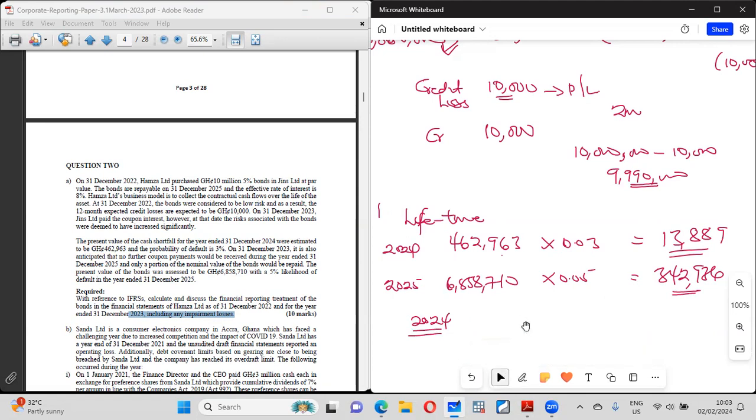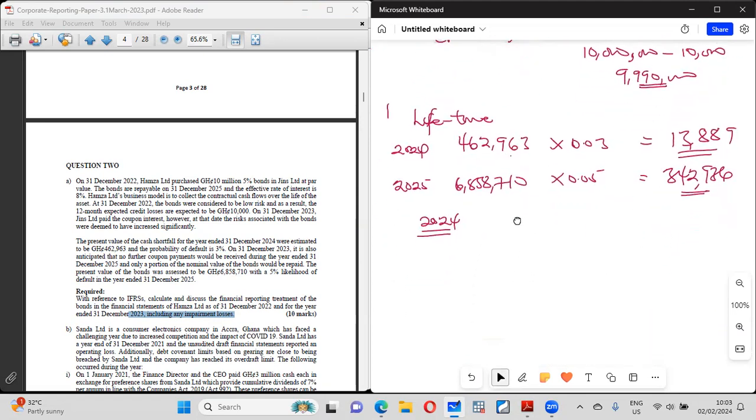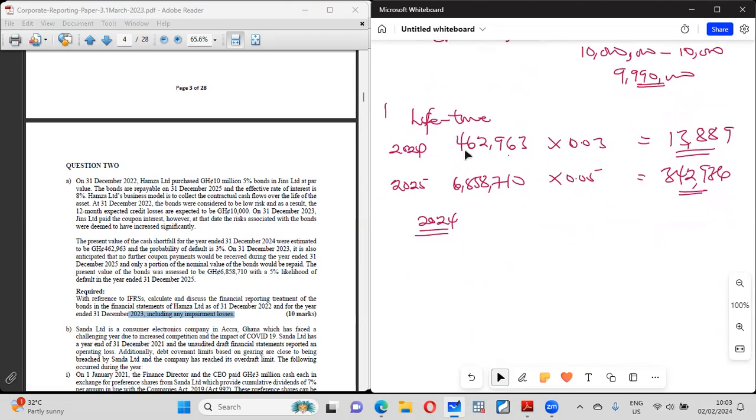Do you remember? Yes, the net. And what is the net? The net is going to be the 10 million of the bond minus this. This one too, the same thing. All right. So basically, that is what is going to happen.